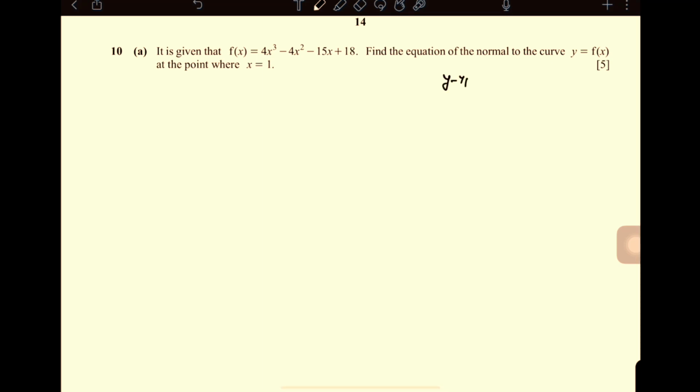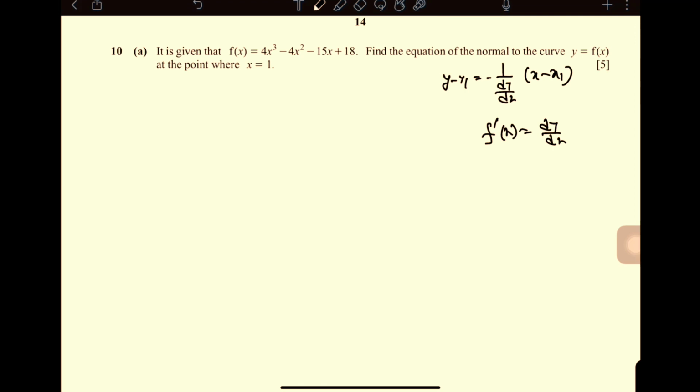Y minus y1 equals to minus 1 by dy dx, or we can say f dash x, times x minus x1, and fx, f dash x and dy dx, here it shows same meaning. So we need to find out y1 also.